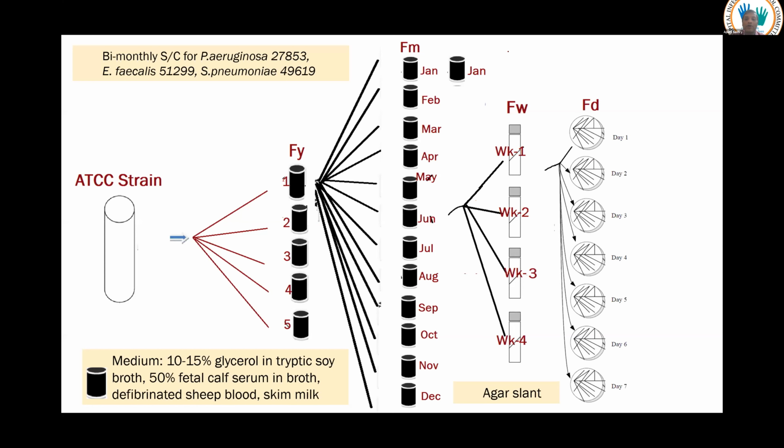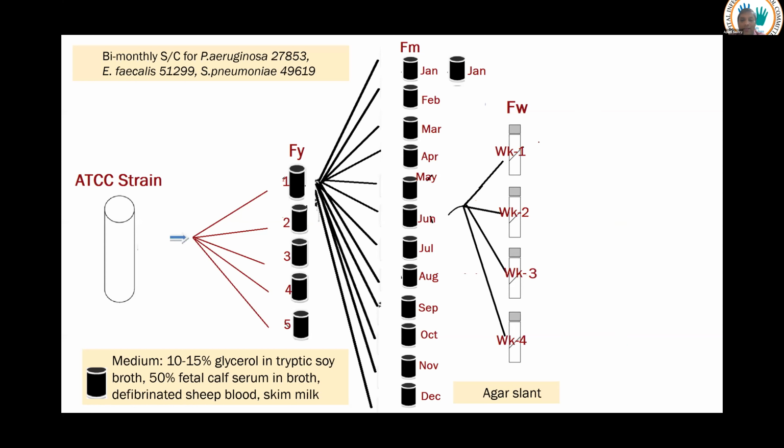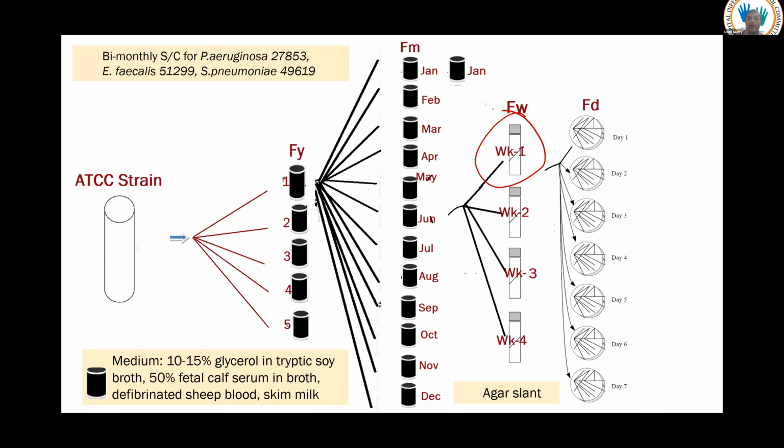And then every week you plate them, for example the week one agar slant, you plate on a fresh medium. The medium usually recommended is blood agar, which is good enough. Tryptic soy agar also you can use, and for fastidious organisms chocolate agar can be used.